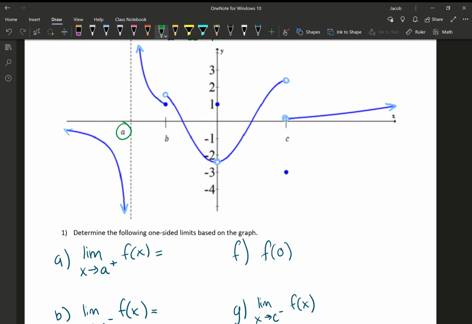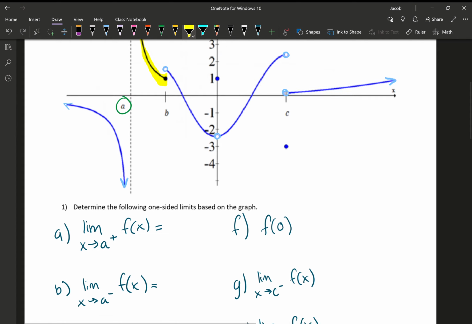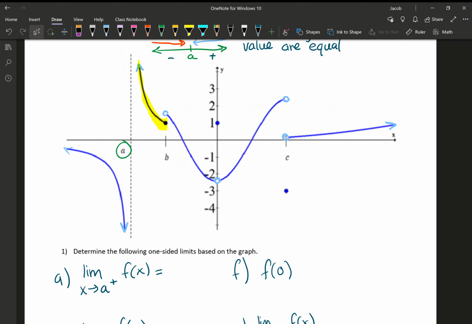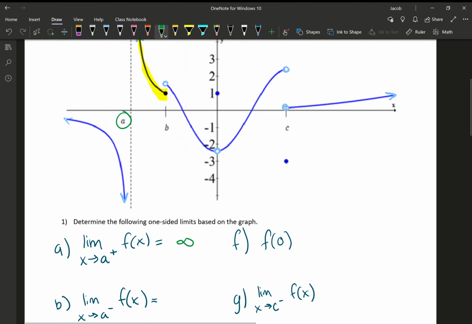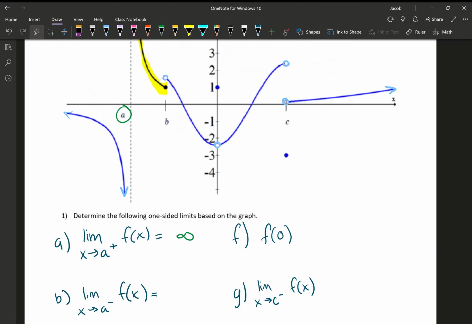Well, if we approach a from the right, then we follow the curve, and what y value is that graph approaching? Well, it's up against a vertical asymptote, so it's approaching infinity. For b, the limit as x approaches a from the left, this side is approaching negative infinity. So we can use infinity as answers here.